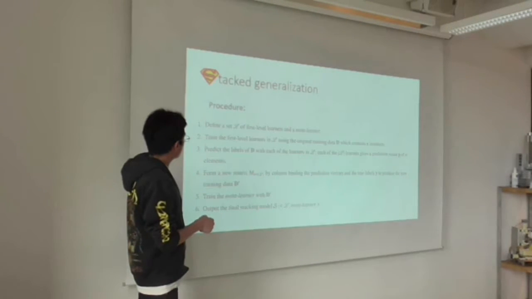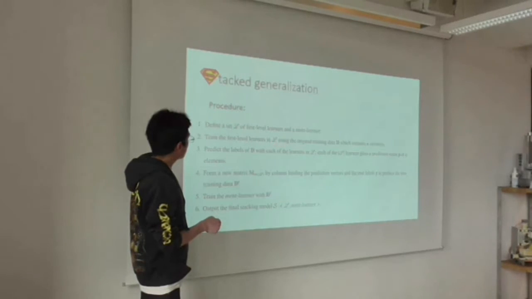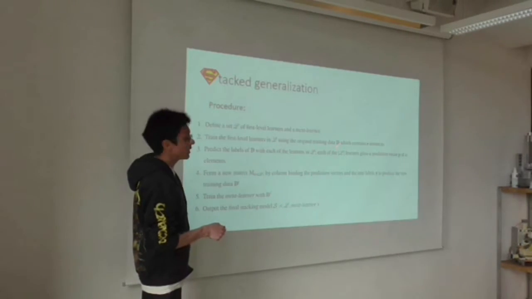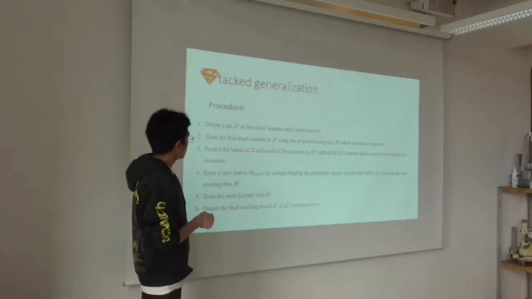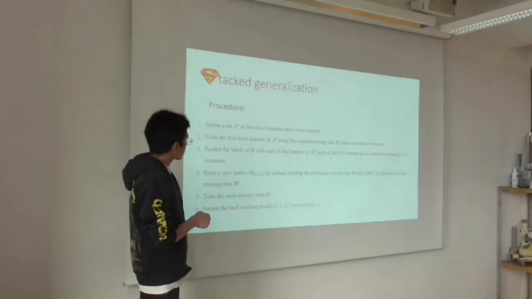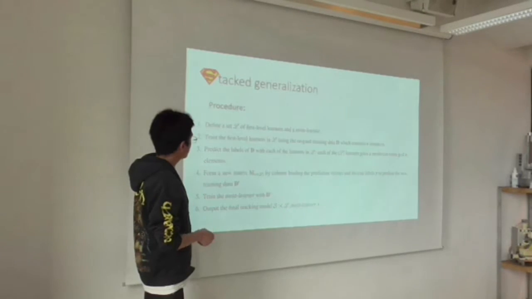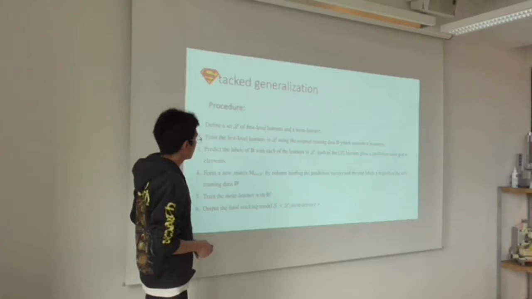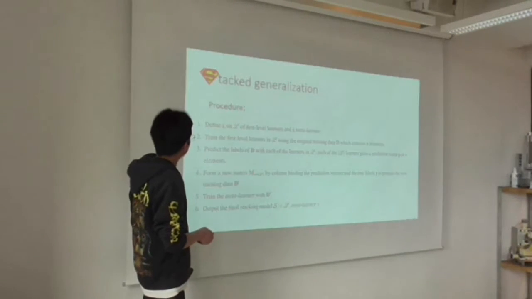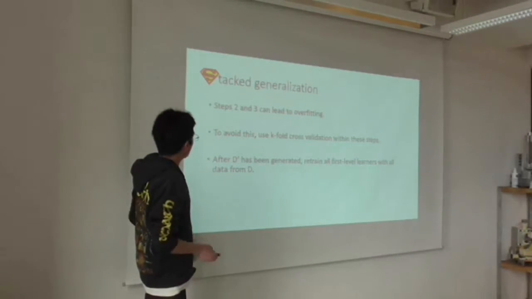Well, the problem here is that we are training the first level learners using our training data D. And again, we are making predictions on the same training data D. So we are using the same data set for training and testing, and that's not a very good way of doing things. So how can we avoid this?